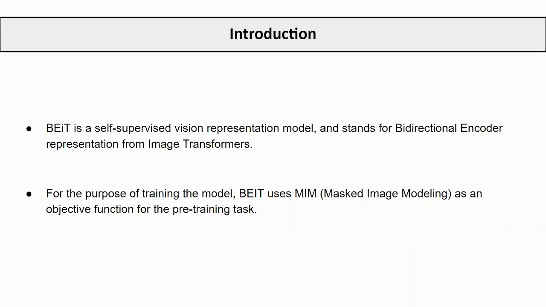BEIT is a self-supervised vision representation model and it stands for bidirectional encoder representation for image transformers. For the purpose of training the model, BEIT uses MIM, which stands for Masked Image Modeling, as an objective function for performing pre-training tasks.